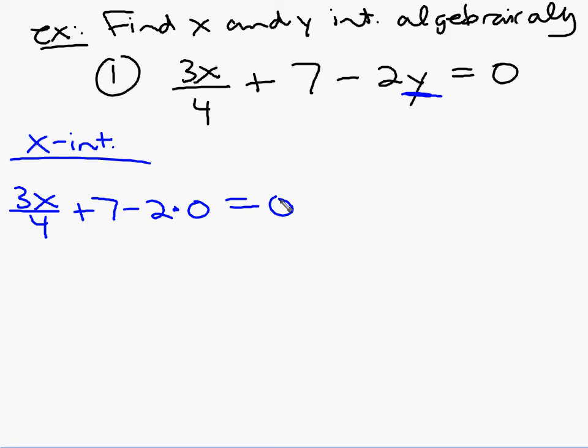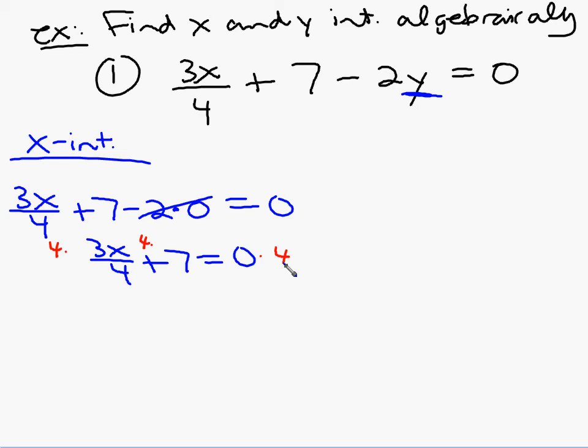And then you just solve it. So let's see, 2 times 0 is 0, so this goes away. Now I have 3x over 4 plus 7 equals 0. How would I finish this problem? I'd multiply by the least common denominator to get rid of that fraction. I'd multiply everything by 4. 4 times this, 4 times this, 4 times this, because that'll get rid of my fraction.